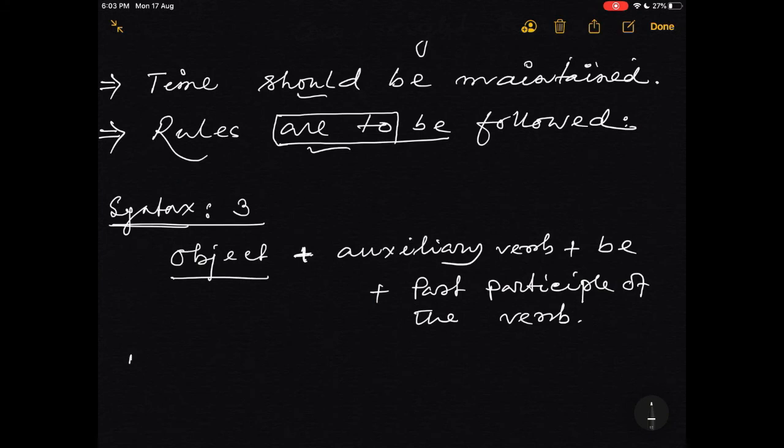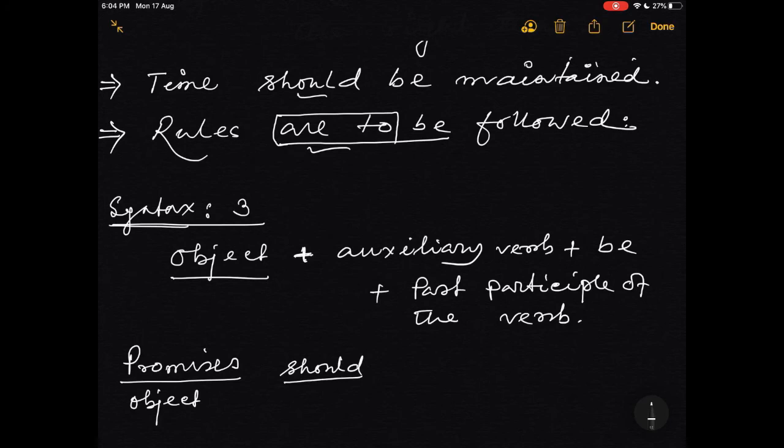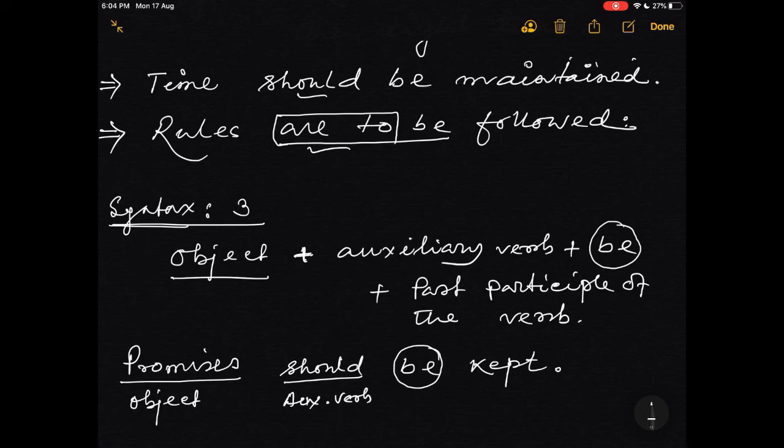See, object, promises, object, plus auxiliary verb, should, plus be, plus past participle of the verb keep. Promises should be kept. Understand?